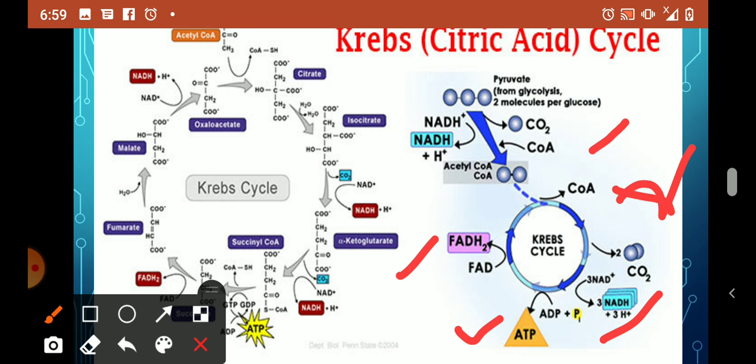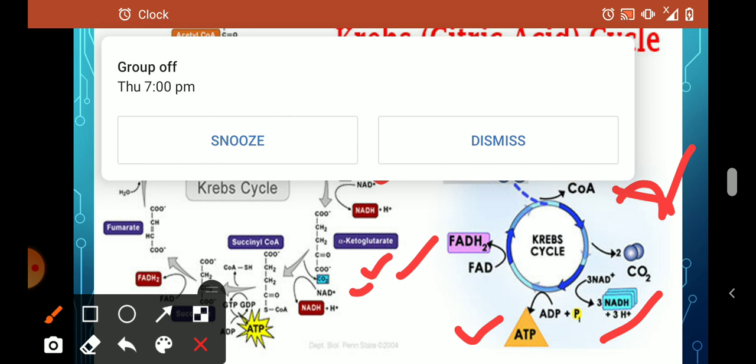So here you can see oxaloacetate is a 4 carbon compound, then it will add acetyl coenzyme A, and form a 6 carbon compound, then isocitrate will change into a 5 carbon compound. When carbon dioxide is removed here and here, it will become a 4 carbon compound.